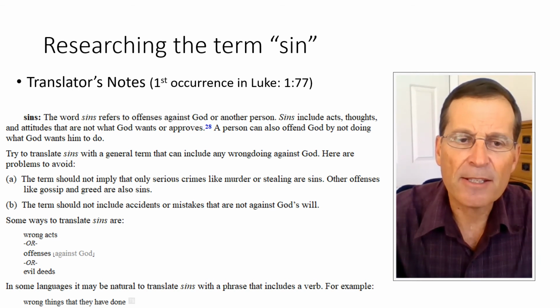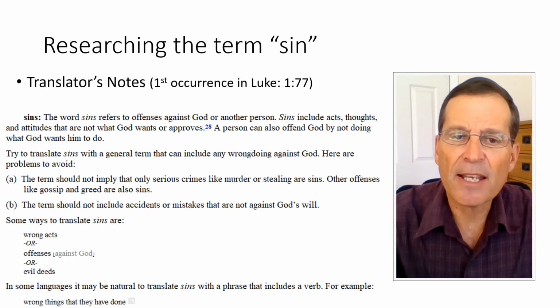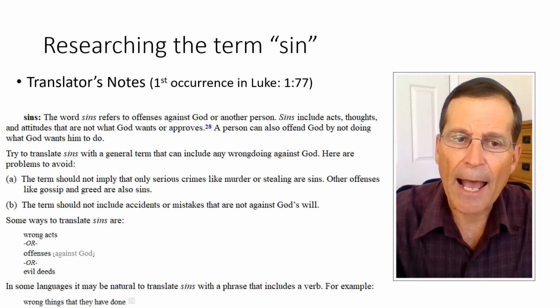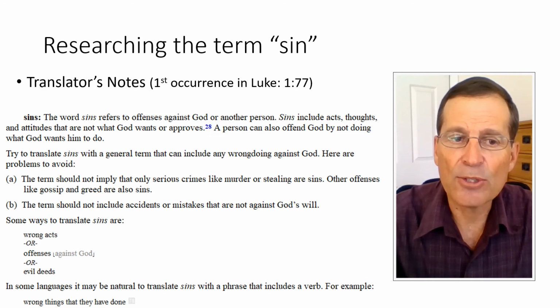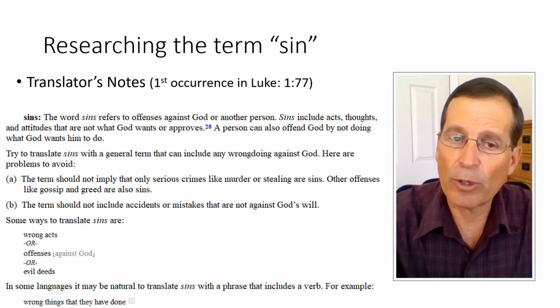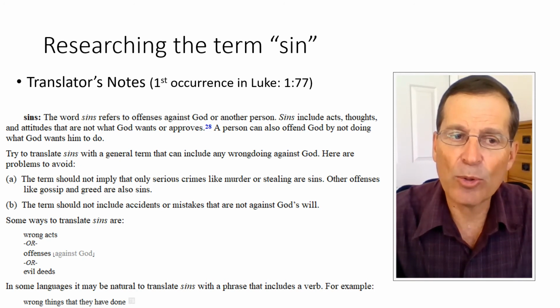The word sins refers to offenses against God or another person. Sins include acts, thoughts, and attitudes that are not what God wants or approves. A person can also offend God by not doing what God wants him to do. Try to translate sins with a general term that can include any wrongdoing against God.